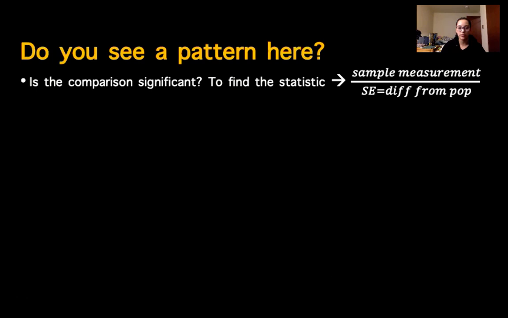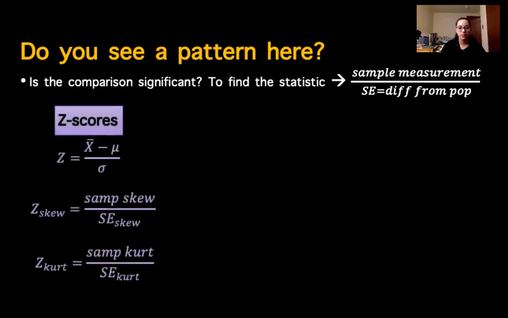So when we had Z-scores before, you guys remember Z, we said, what's the difference between means over the standard deviation of the population, which is basically standard error. For Z-skew and Z-curt, we said, what's the sample skewness or sample kurtosis divided by the standard error?